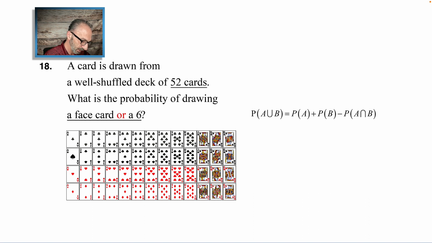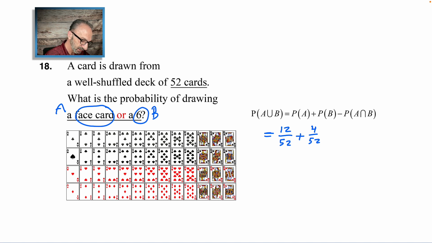Let's call face cards A, and the cards with the number 6 B. So P of A union B will be P of A, which is 12 face cards out of 52, plus for B, the number 6, we have 4 out of 52, minus the intersection.